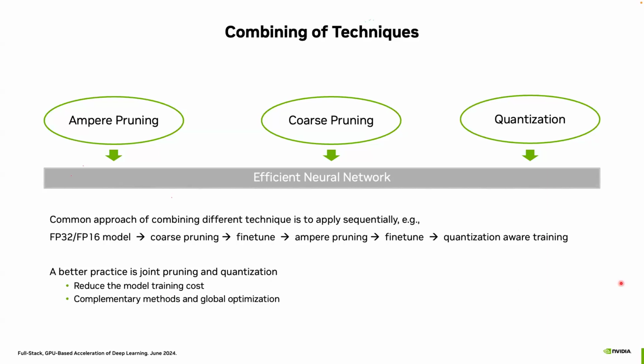Because if we optimize the network by taking care of them at the same time, the solution would be obtained from multiple choices at the same time, not directly optimized for a certain kind of compression technique. And at the same time, it's going to reduce the training cost.